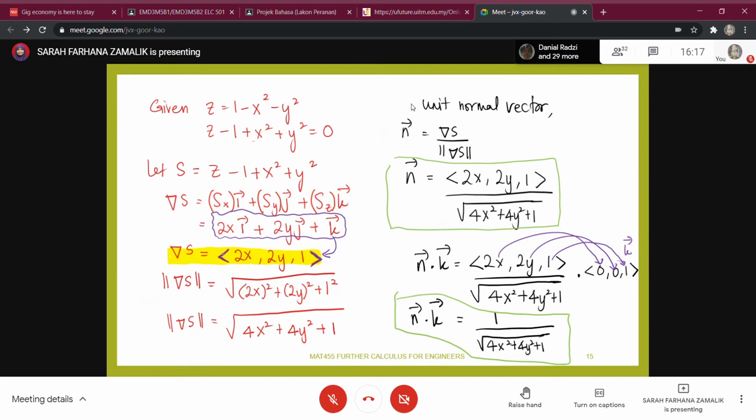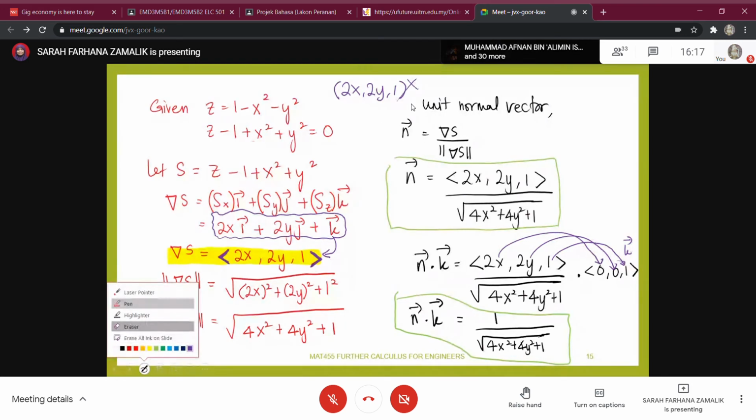So make sure bila nak tulis dalam notation yang macam ni, make sure kita tulis komponen dia je: 2x, 2y, 1. Make sure ni betul lah, so that we know this is also vector. Kalau awak tulis macam ni salah, okay? Kalau bracket biasa ni, okay, make sure you have the correct notation when you want to have your vector.